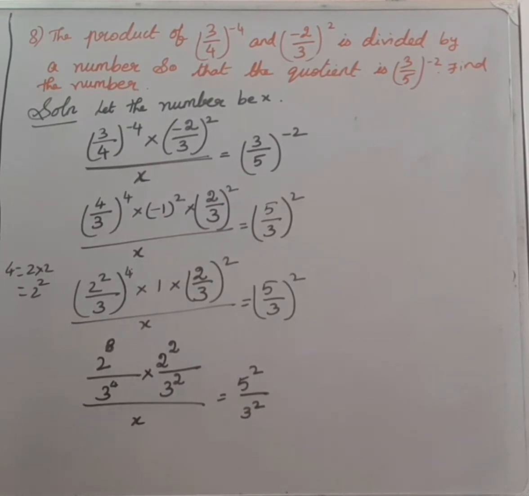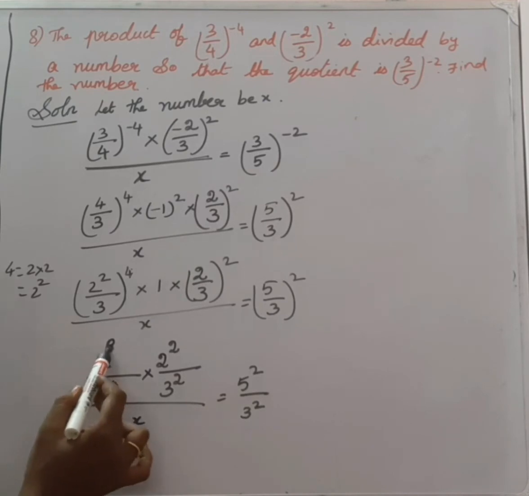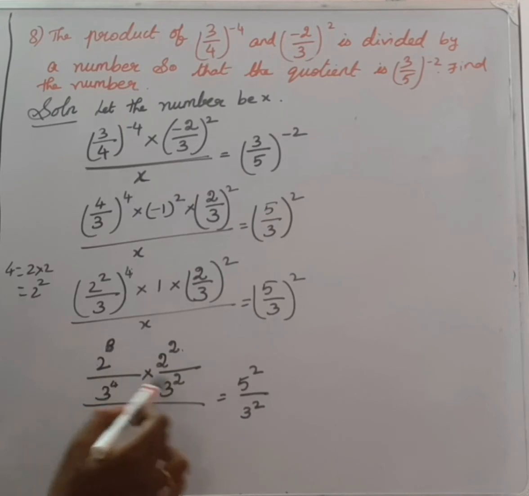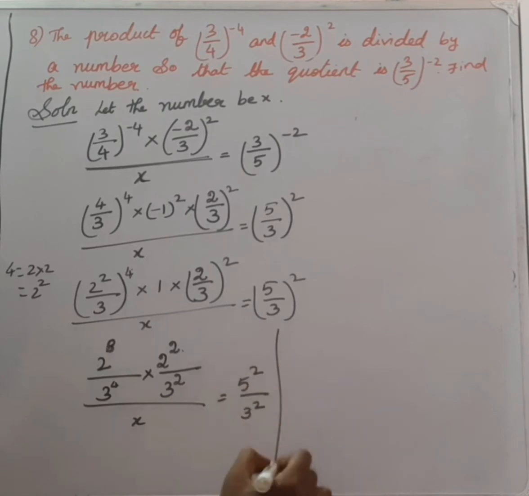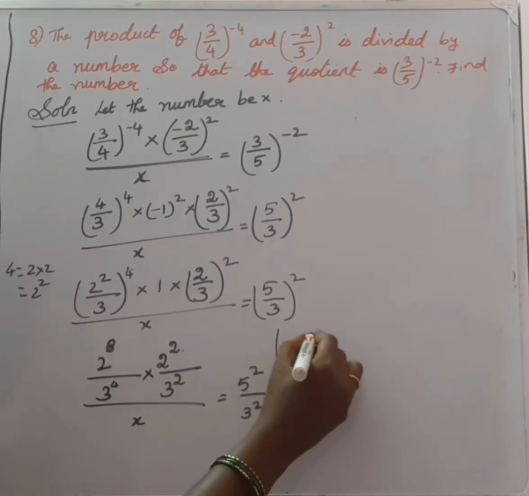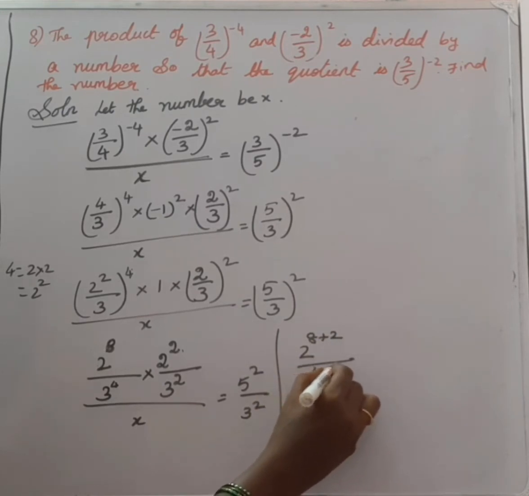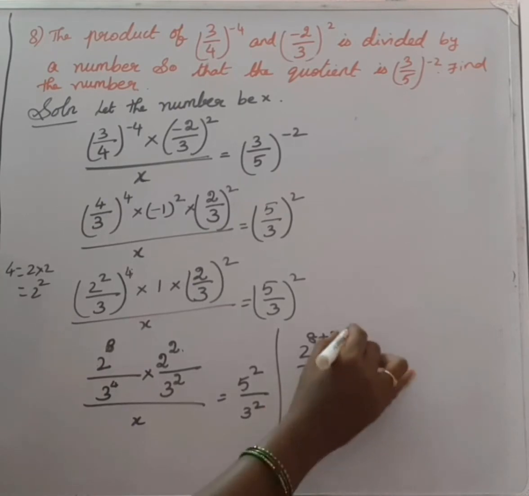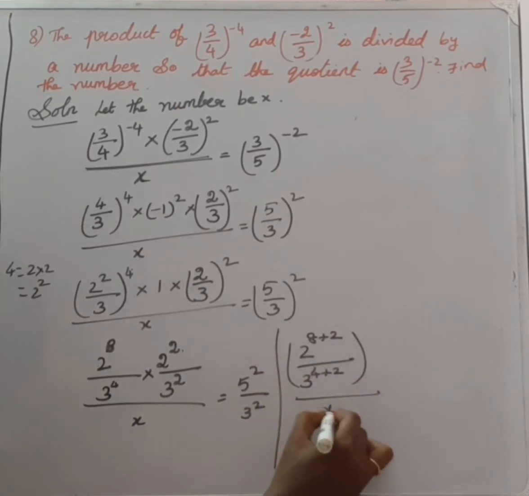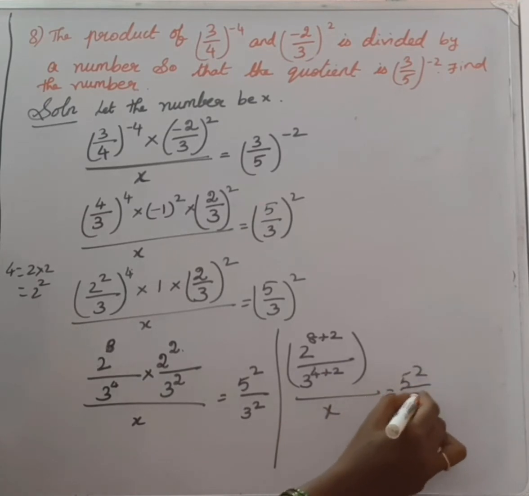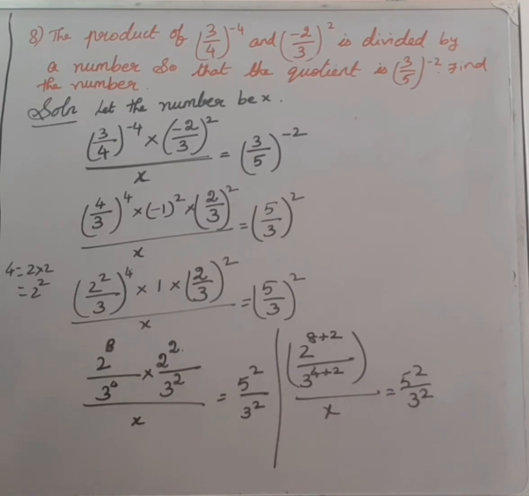The next step is we want to add these powers because the base is the same. So what do we get now? 2 power 8 plus 2 divided by 3 power 4 plus 2, the whole divided by x is equal to 5 square by 3 square.